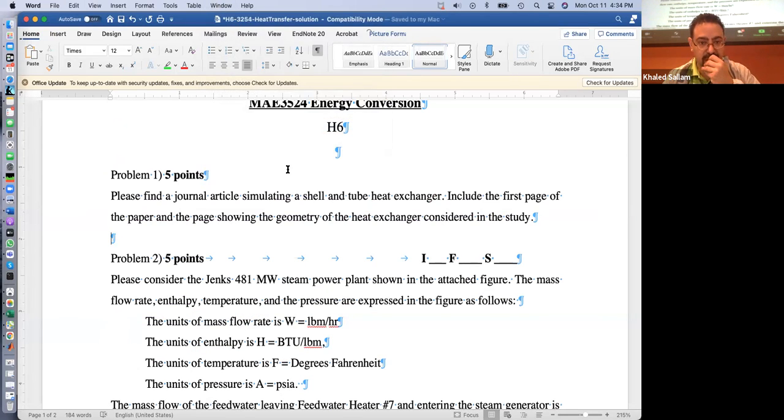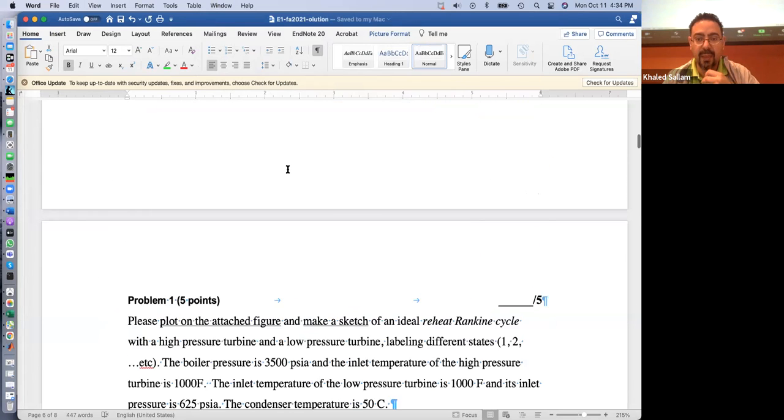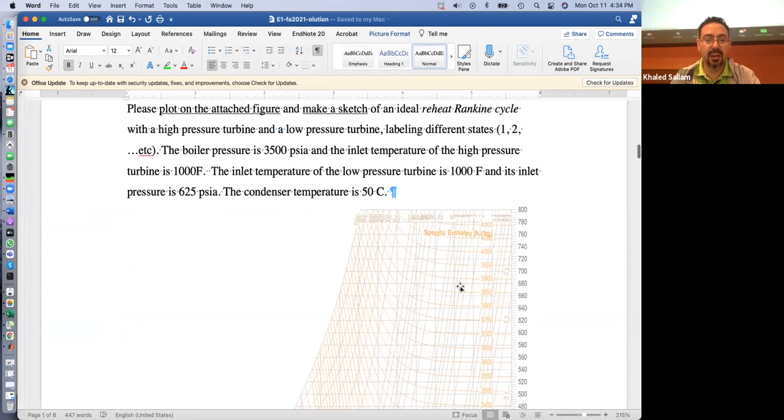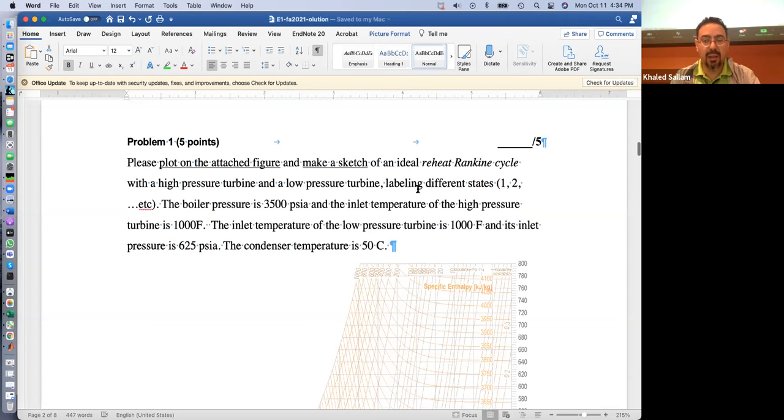So problem number one. Problem number one, he just wanted to plot an ideal reheat Rankine cycle with a high pressure turbine and a low pressure turbine.